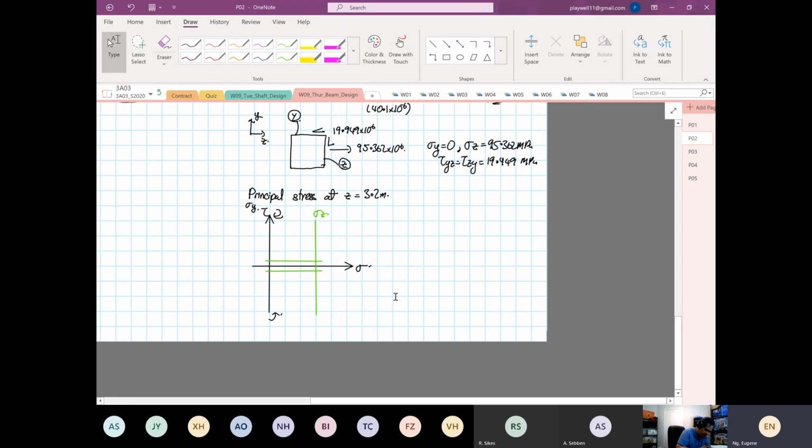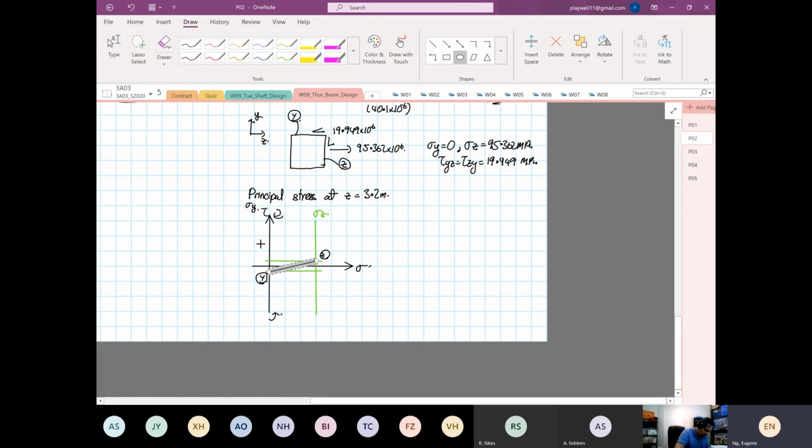So we have point Z, positive, rotation of element is in the clockwise. So this is our Z. Y will be at 0, anti-clockwise. So this is our point Y. We draw a straight line, and we're going to calculate our principal stress now.